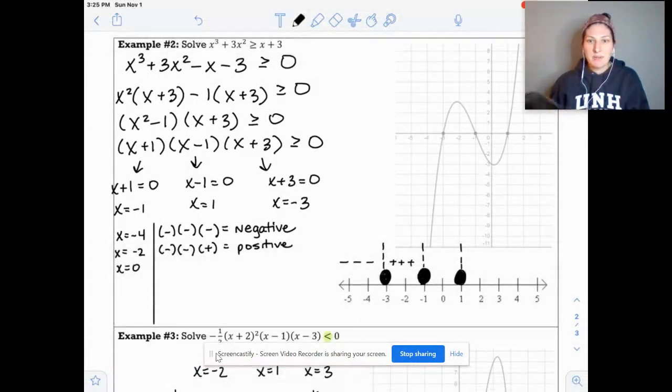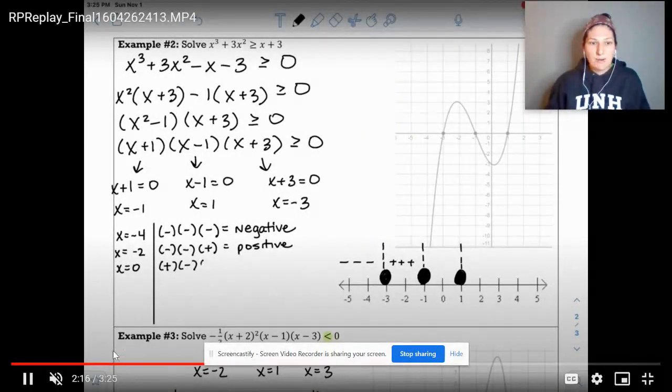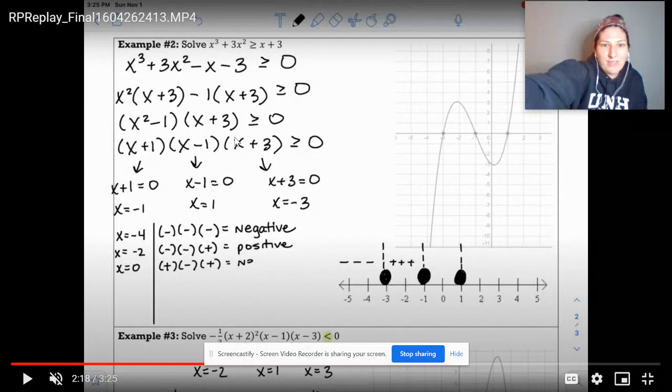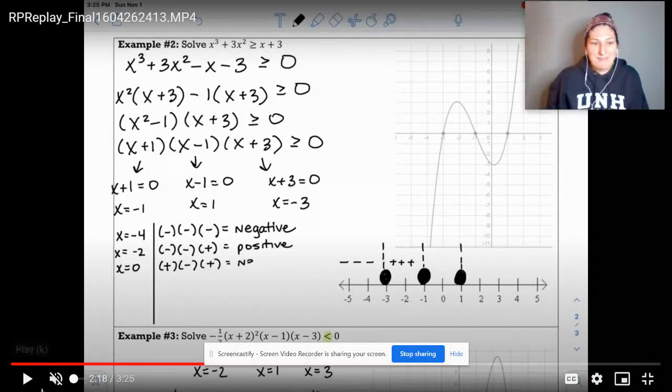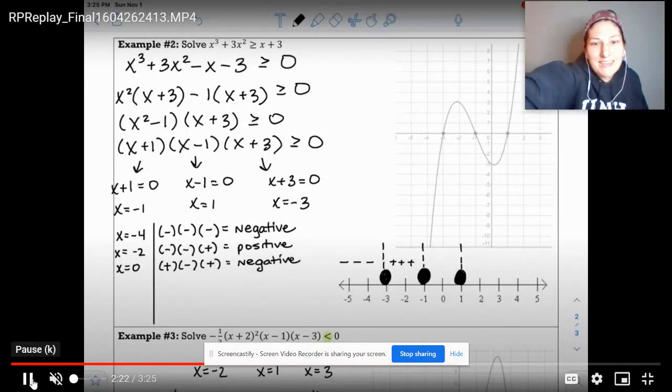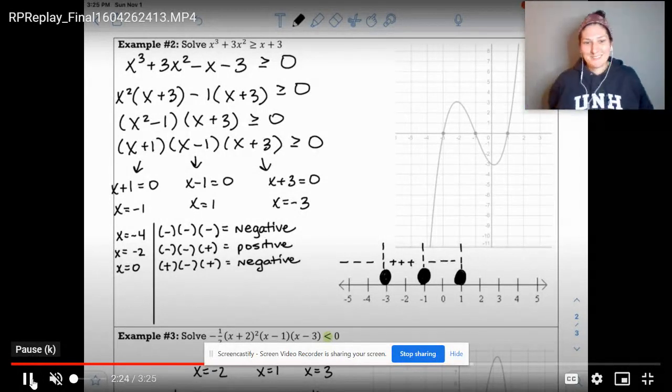The next region, I'm going to plug in 0. And so when I plug 0 in, I'm plugging it into that factored form. So 0 plus 1, 0 minus 1, and 0 plus 3. And when I multiply those together, I'm going to get a negative number.